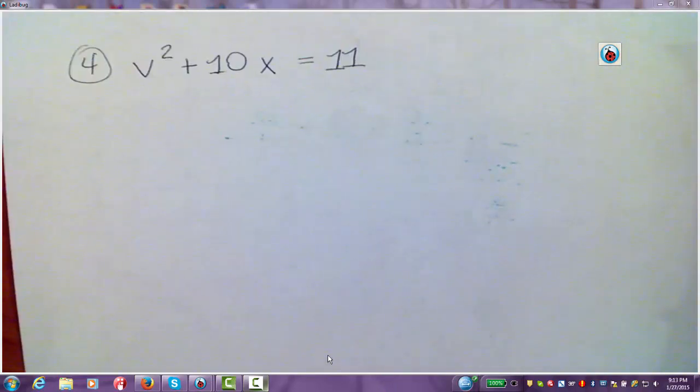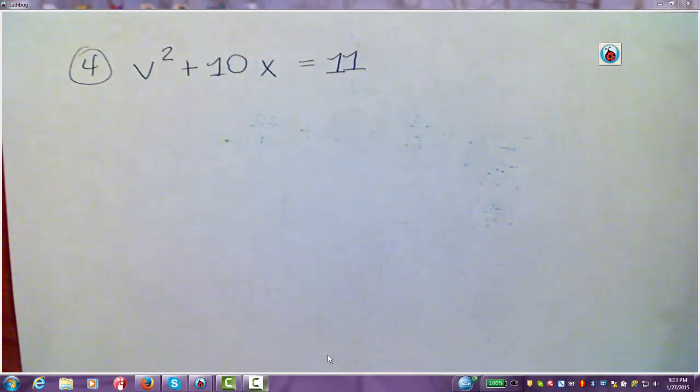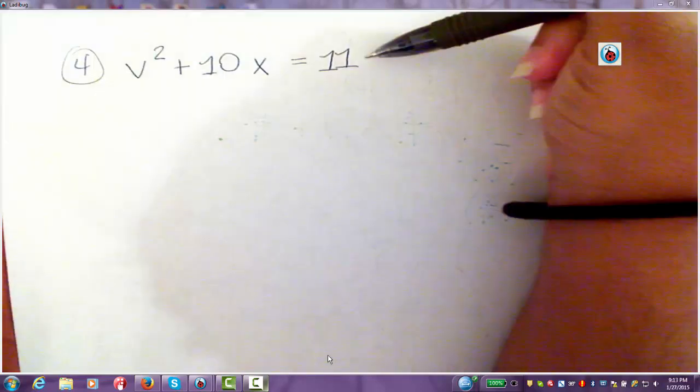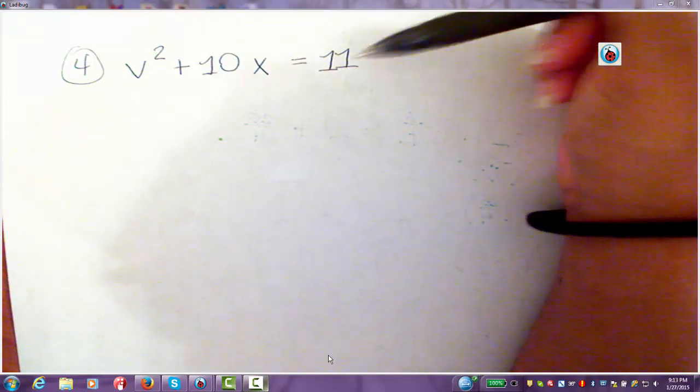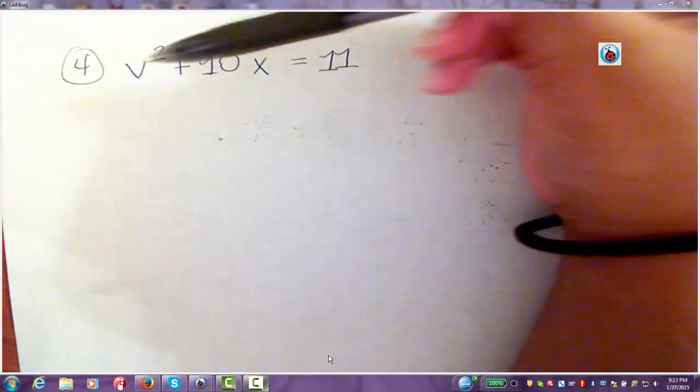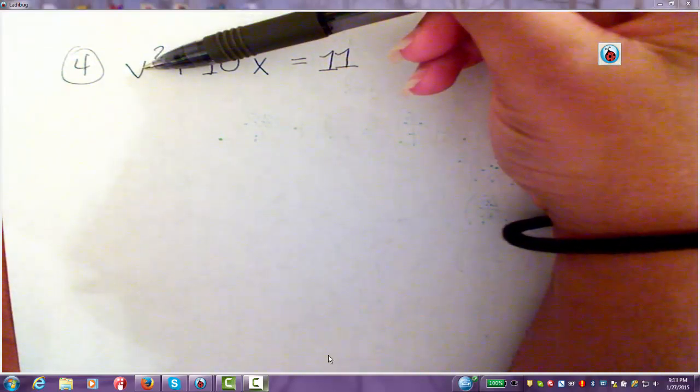And now for the last one. Okay, so this one is a little different from the other ones. If you notice, your constant term is already on the right side, so you don't have to add or subtract it over. And your a value is 1, so you don't have to worry about dividing anything.